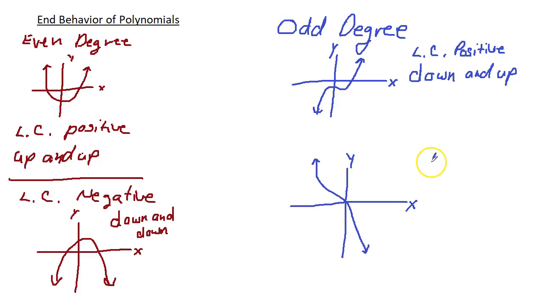So my leading coefficient is negative. And this would be considered up to the left, down to the right. So our book calls it up and down. It's always left then right.